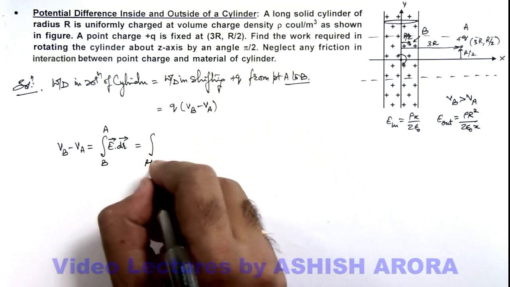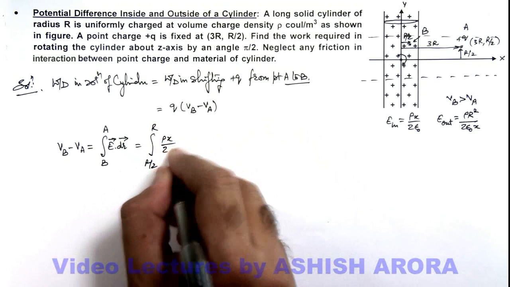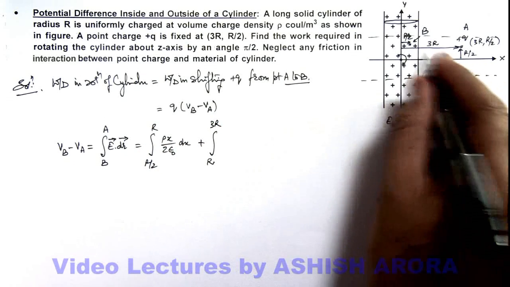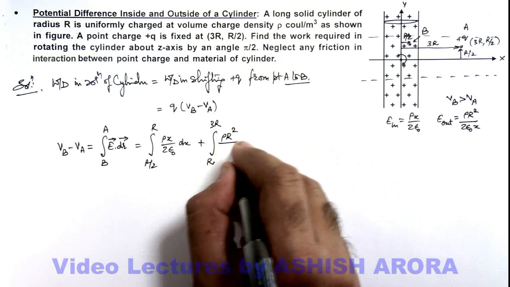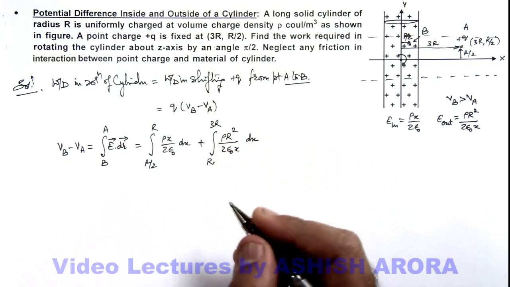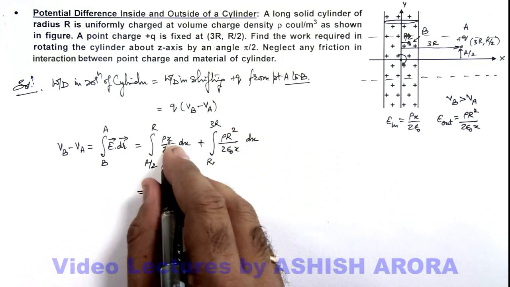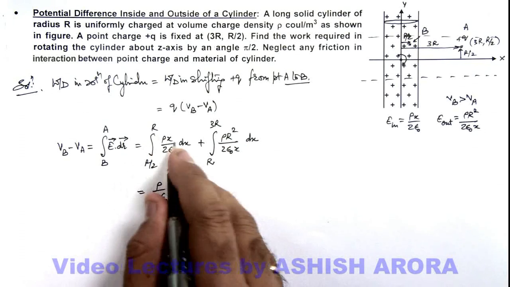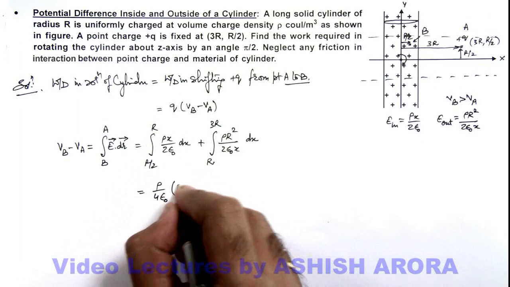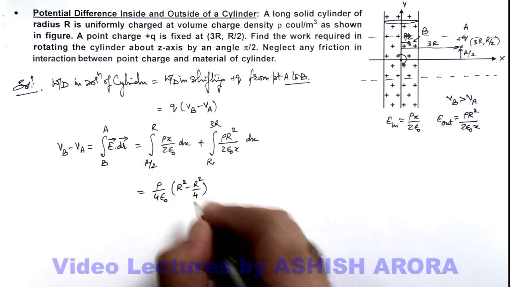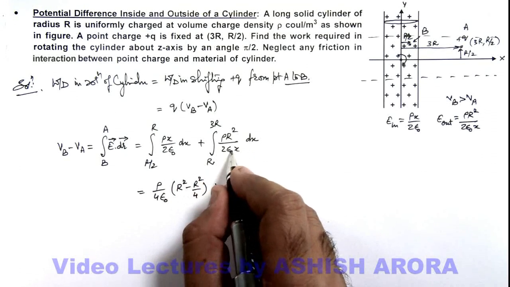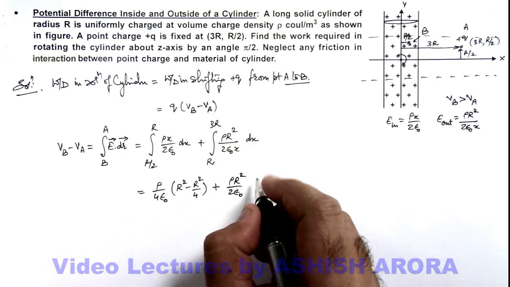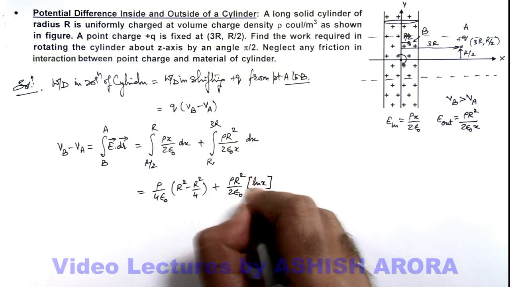From r by 2 to r, it will be the integral of rho x by 2 epsilon naught dx, plus from r to 3r, for the outer region I use the electric field rho r square by 2 epsilon naught x, integrated dx. On integrating, we get x square by 2, so rho by 4 epsilon naught times x square with limits from r by 2 to r, which is r square minus r square by 4, plus rho r square by 2 epsilon naught as a constant, and the integration of 1 by x is ln x, with limits from r to 3r.